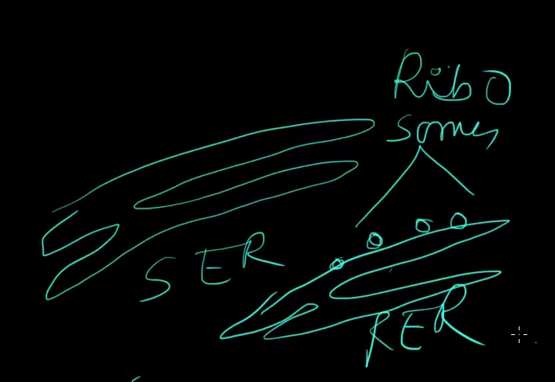So what makes the difference between the two types? SER is devoid of ribosomes and RER has ribosomes. But the interesting point is this: RER is found in most of the highly biologically active cells where protein synthesis is maximum. On the other hand, SER is associated with those cells where there is the least possibility of protein synthesis. Obviously, that has to be supported by high amounts of lipid biosynthesis and cholesterol storage.